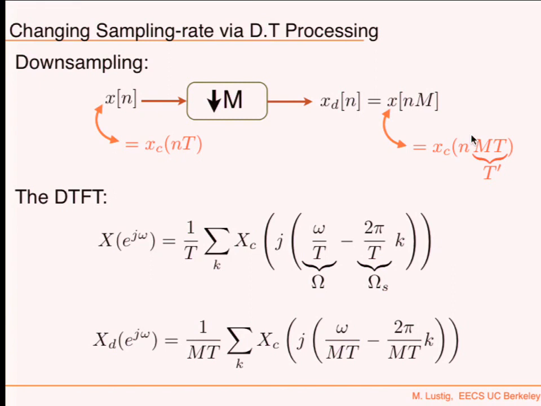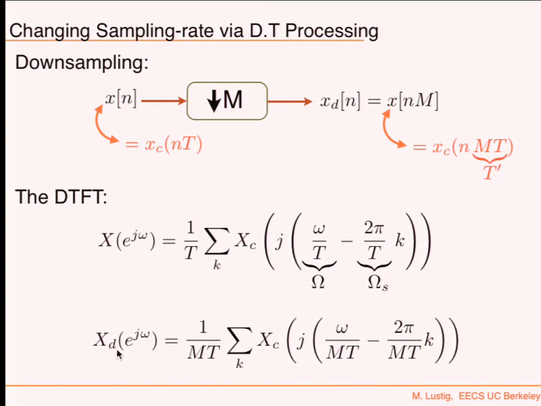So what is the DTFT of x, e to the j omega? It is really shifted versions of X_c. We shift by omega_s, which is 2 pi over T. So I have a certain bandwidth of my signal, and then I replicate it every omega_s frequency.